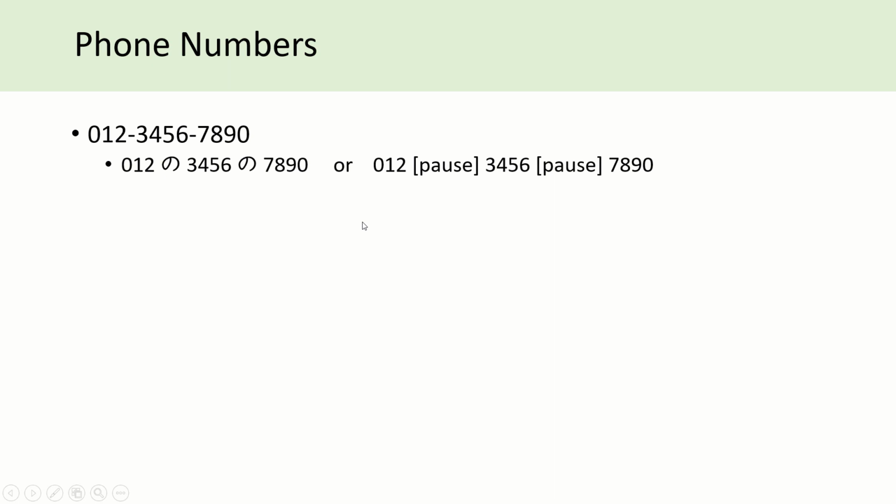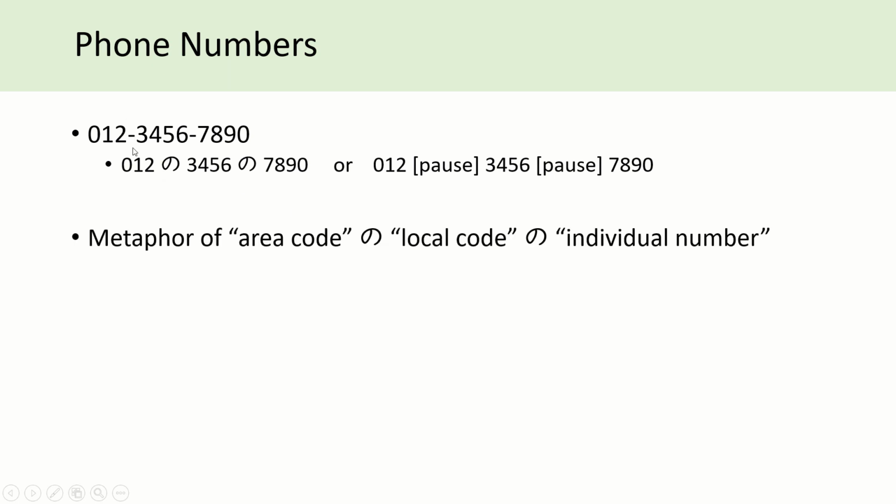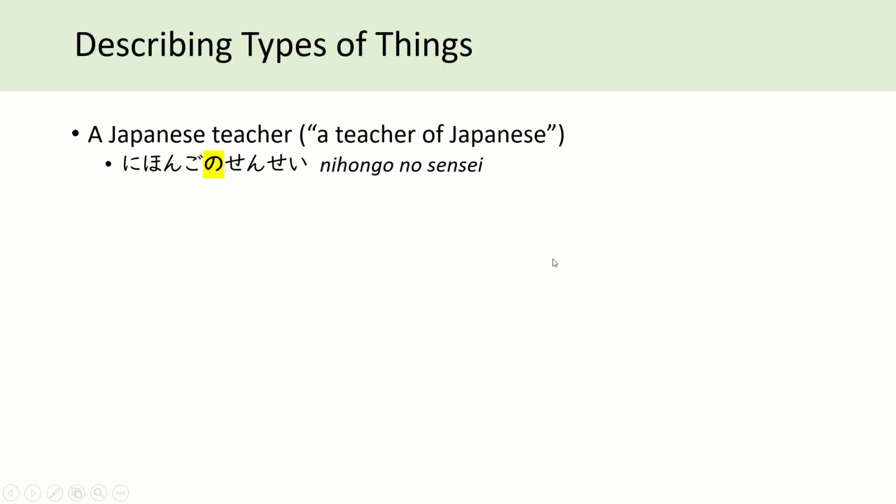That's totally fine as well. But we can kind of think of this as the metaphor of, oh, it's this area code and then the local code and then the individual number. So again this same metaphor of big to small with area 012 no 3456 no 7890.